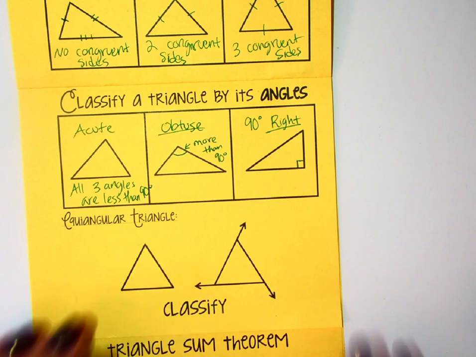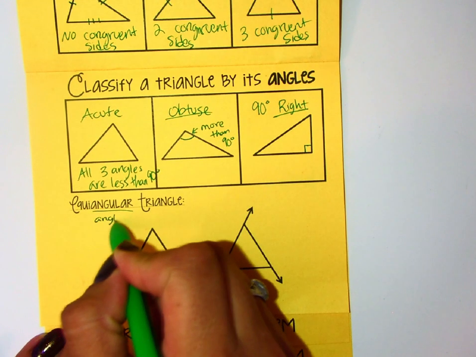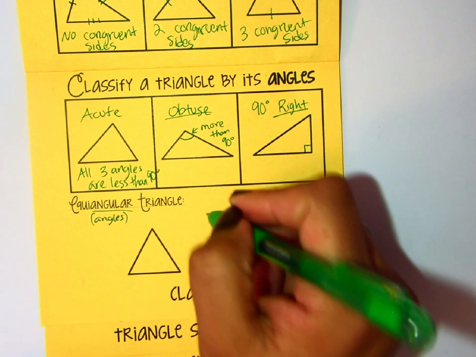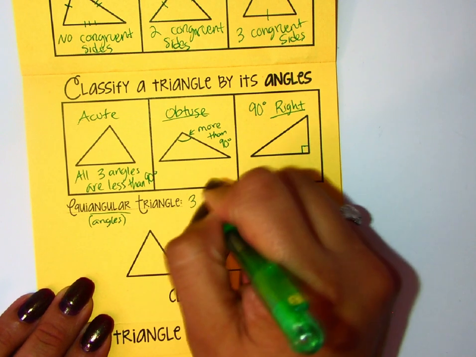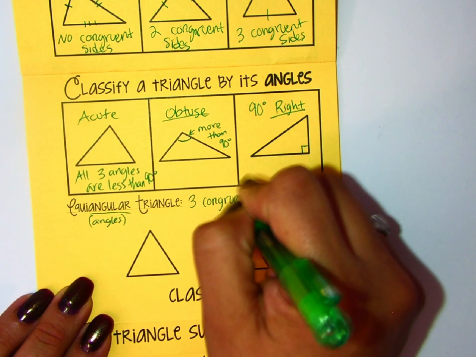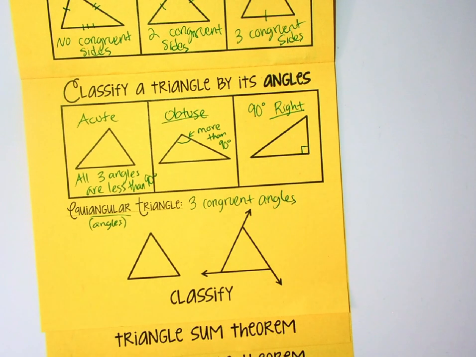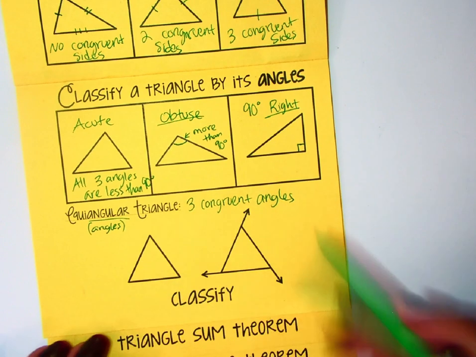Okay, so then that leads to this special triangle, the equiangular triangle. Angular meaning angles. And the definition for this is a triangle with three congruent angles. Kind of like the equilateral, but instead of lateral for sides, we're going to say angular for angles.